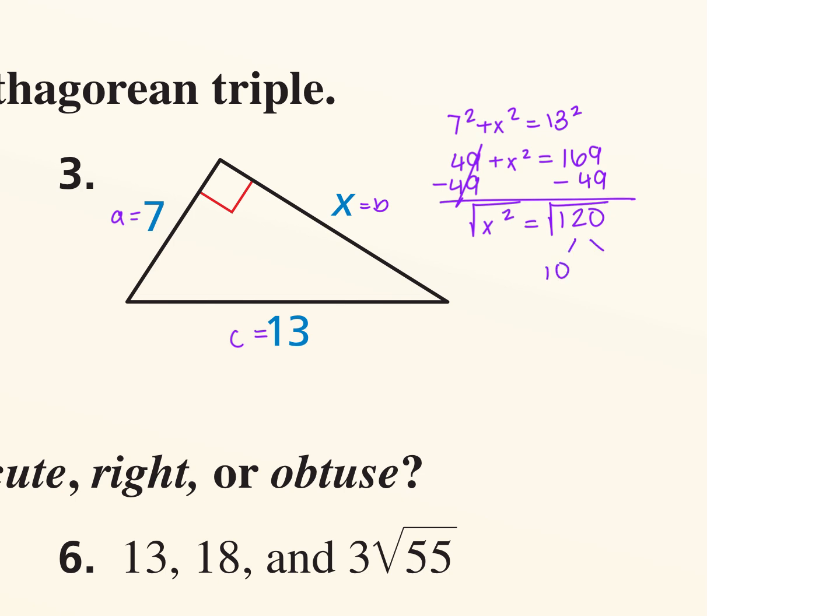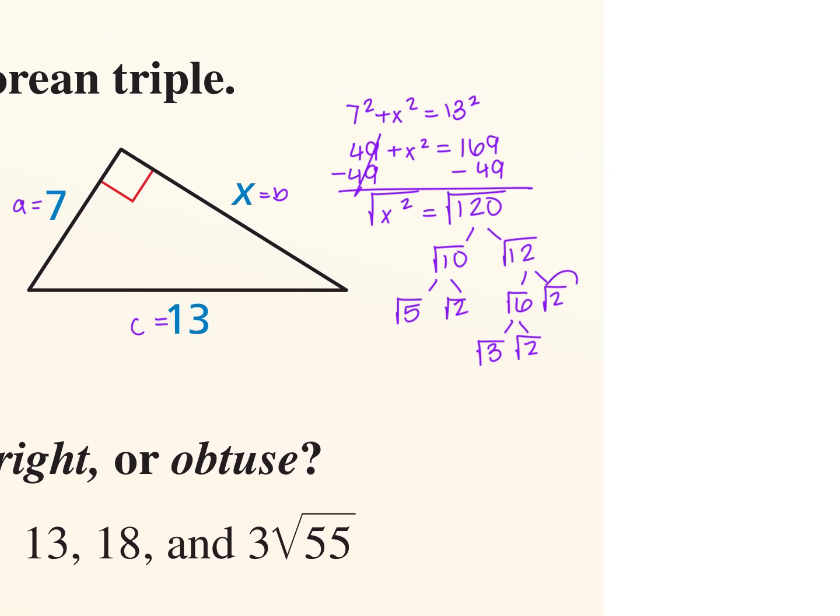I'm going to get 10 over here and 12 over here. We could have used different numbers, that's fine. I'm going to get 5 and 2. And then I'm going to get 6 and 2. And this 6, I'm going to break down to 3 and 2. All right, so what do I have left? I have a pair right here.